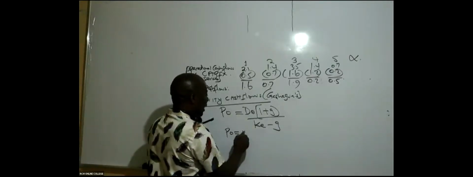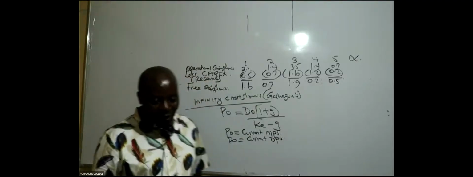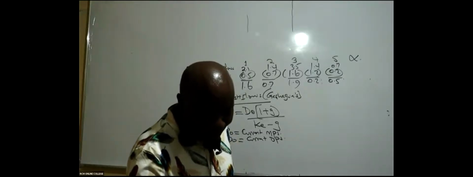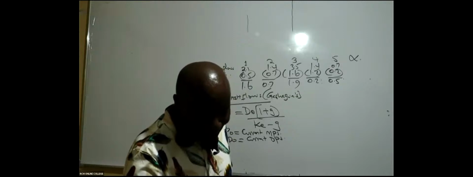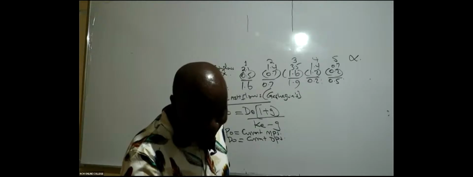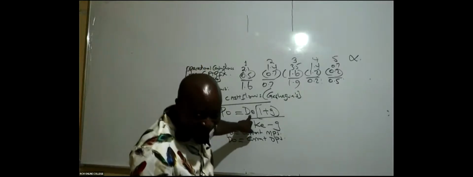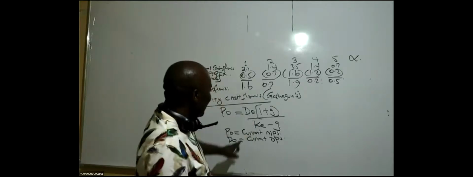So remember, this P0 stands for the current market price per share. Then we have D0, the current dividends per share. There is no D1 here.